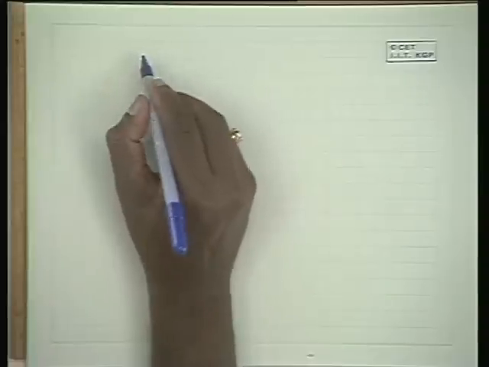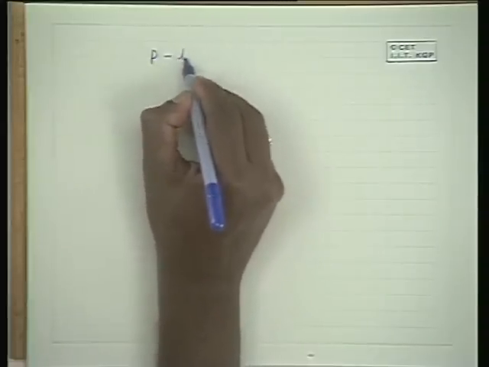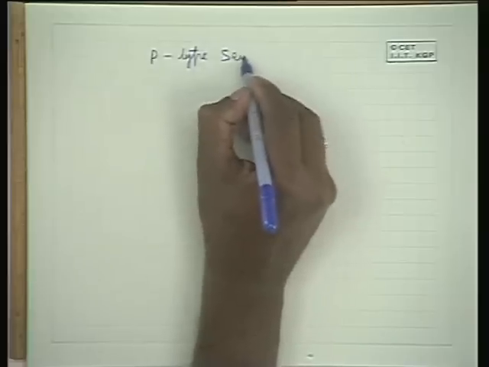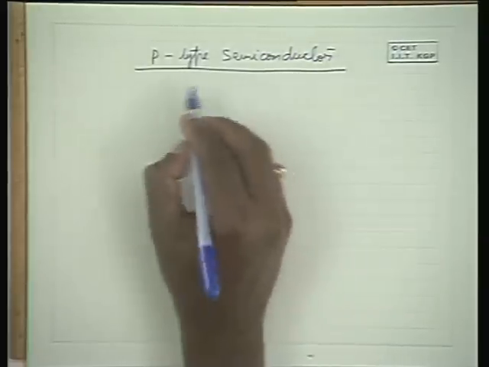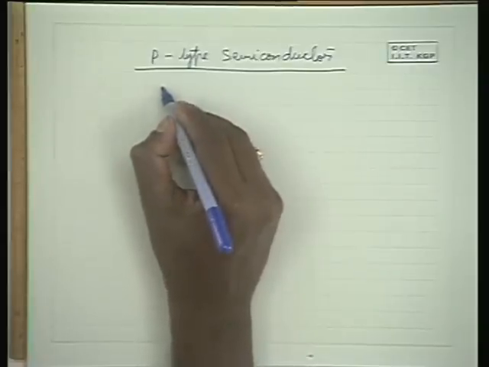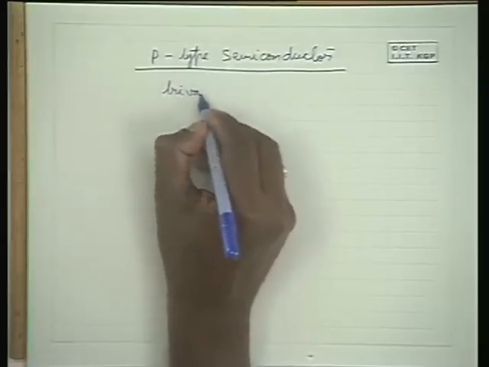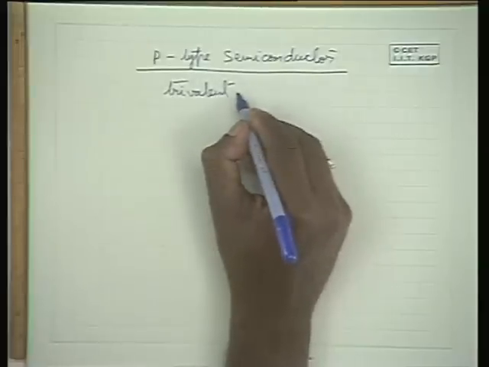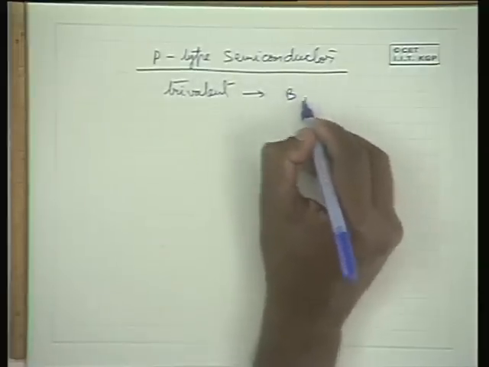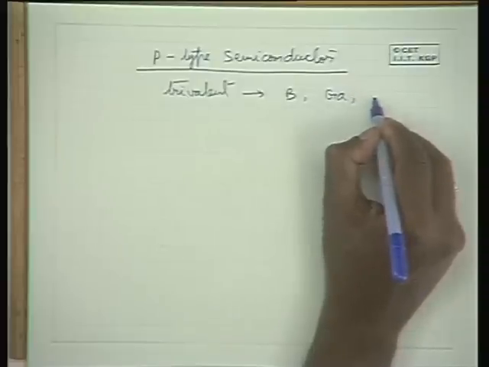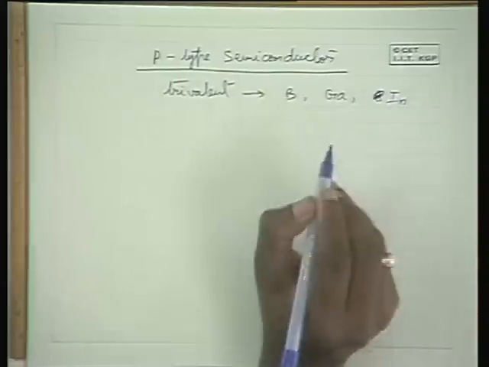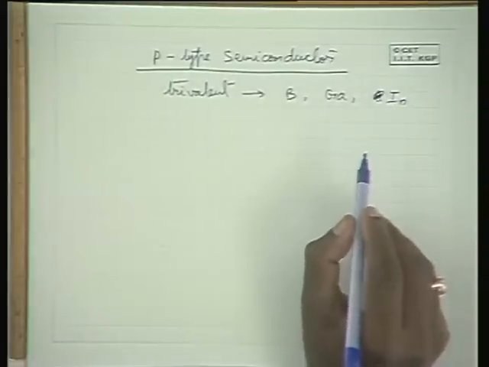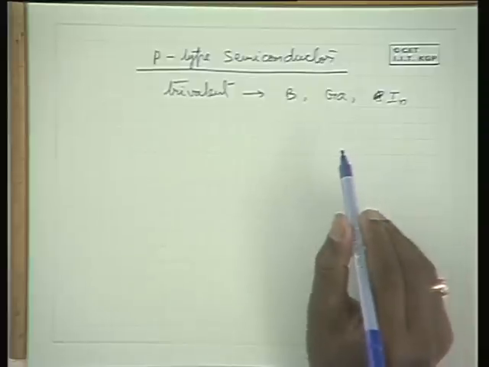Similarly, with trivalent material doping, we get P-type semiconductor. The trivalent materials are boron, gallium, indium and so on. These are the examples of trivalent material.